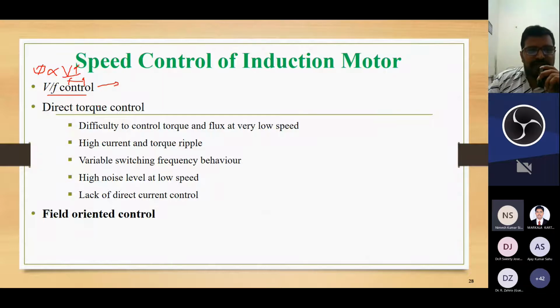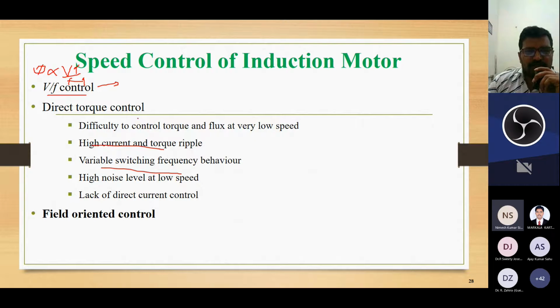Here we cannot make the entire control operation very successful, so there is another method called direct torque control. Even though it has some advantages, it also has disadvantages. The major disadvantages of direct torque control are high current and torque ripple, as well as variable switching frequency.